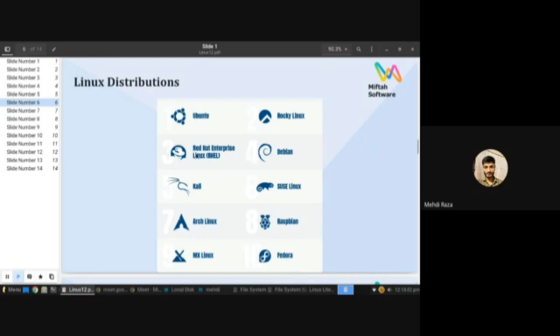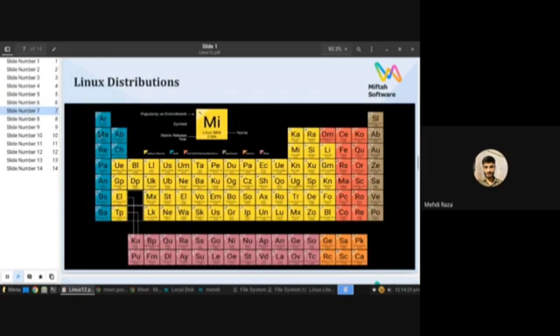My brother said before this PPT that we have two major types of operating system: the Red Hat base and the Debian base. That is correct. And all of those are inherited from those two major Linux based distributions. We also have so many distributions in Linux.